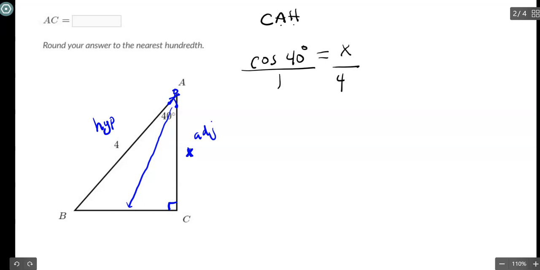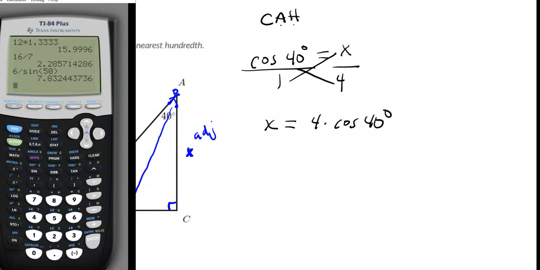I put a 1 under there. I cross multiply. Well, now I get 1 times x is 1x, which is nice because now I don't have to do the second step. And then 4 times the cosine of 40. I'm going to punch in my calculator, 4 times the cosine of 40 degrees equals 3.06 4.